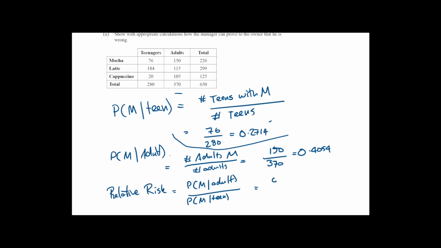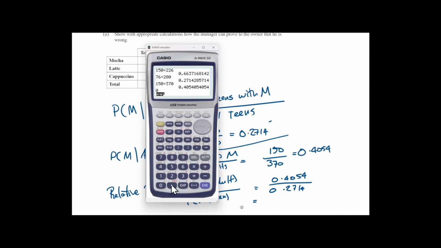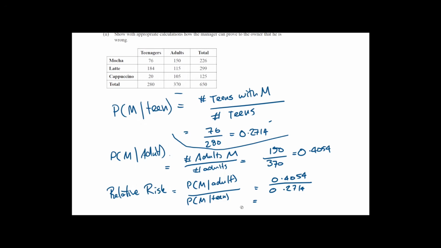And that's going to be 0.4054 over 0.2714. Let's grab our calculator. I love using the calculator. 0.4054 divided by 0.2714. So 1.4937. Okay.